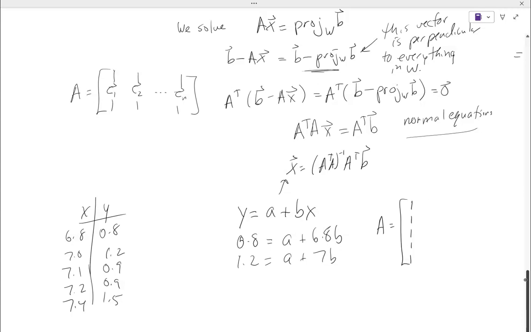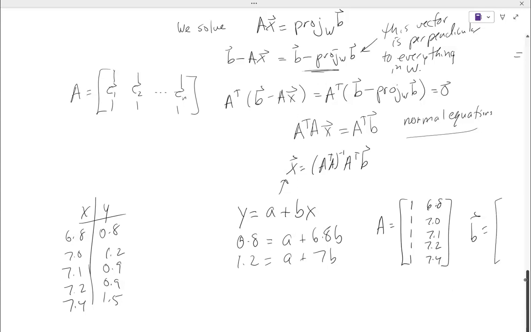The X value is good. 6.8, 7.0, 7.1, 7.2, 7.4. Okay. There's your A. Your B are your Y's.